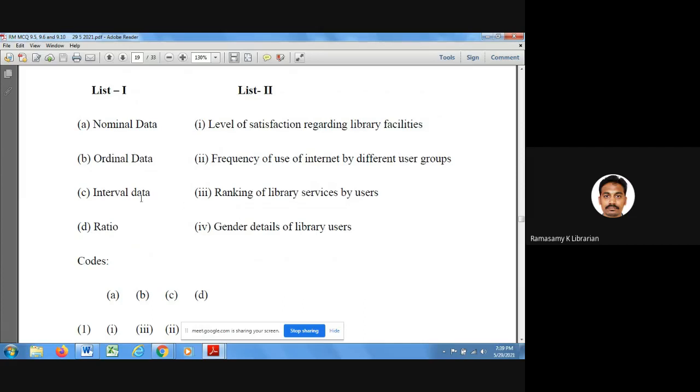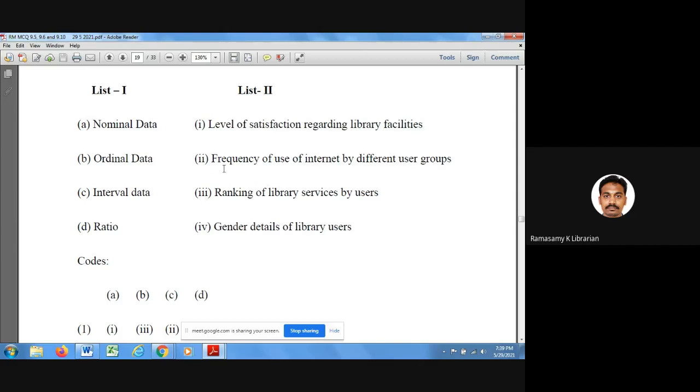That way. Then comes interval data and ratio data. Fine. So interval data can be something like level of satisfaction regarding library facilities. Why do we say it is an interval data? Because this data will not have a true 0 point. Okay, we talk about level of satisfaction. There's nothing called a true 0 point. You cannot apply a number called 0 there. That's the interval data. What is the ratio data? Frequency of use of internet by different user groups.